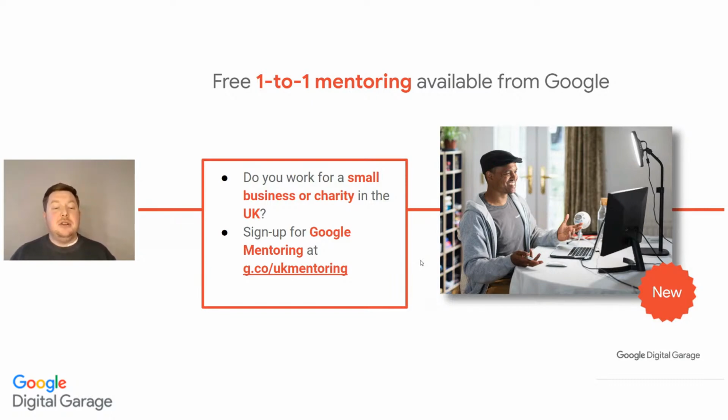And when you're on here, it'll give you an amazing chance to get one-to-one mentoring with any of the Google Digital Garage trainers and teams on this project. It literally takes 2 minutes to sign up. You just type in your name, type in the area you want a little bit of support with, and we have a bit of a 1-hour powwow to go through the content with you.